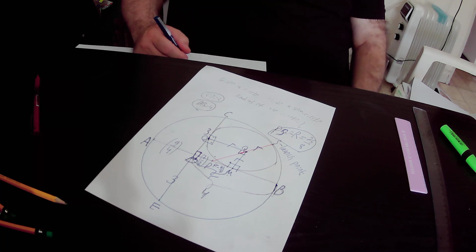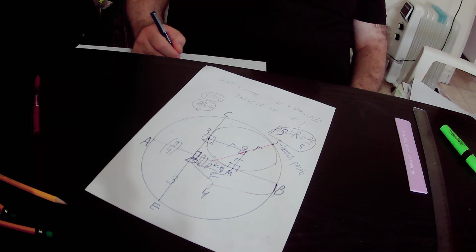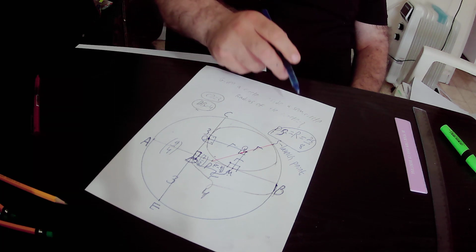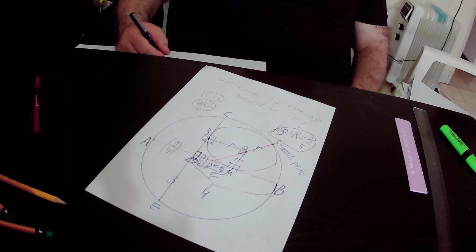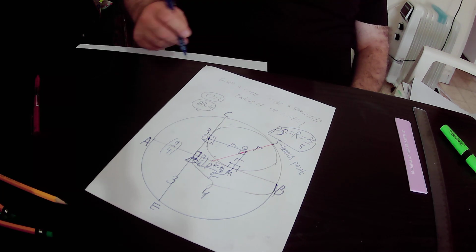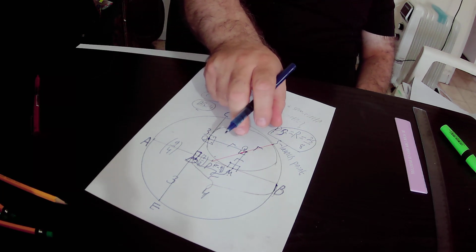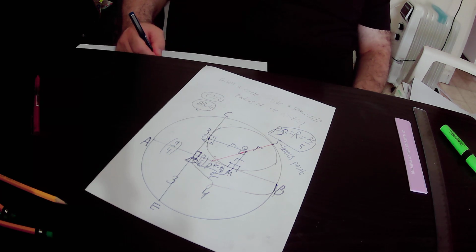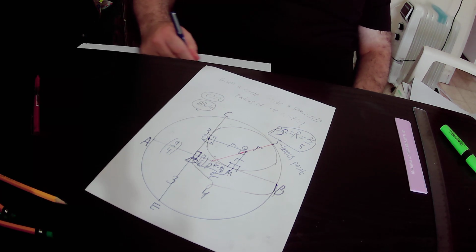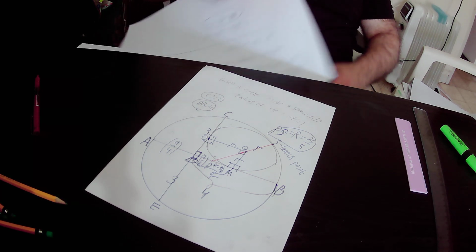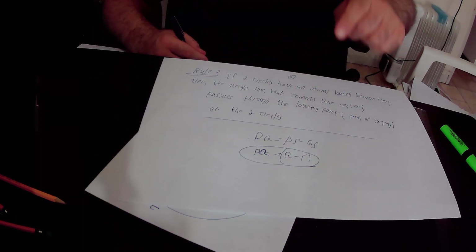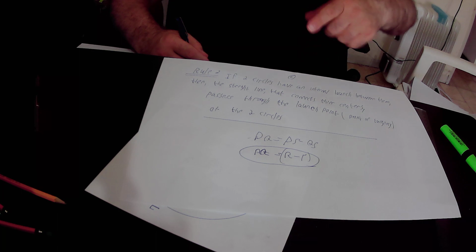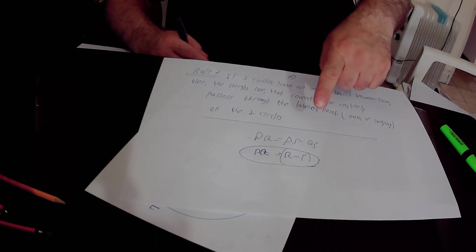So PQ equals PS. PS is the radius of the big circle, that is to say it equals capital R, minus QS. We have already found out that QS equals small r. So in conclusion, the length of line segment PQ is equal to capital R minus small r. But we have already found out that capital R equals 25/8.